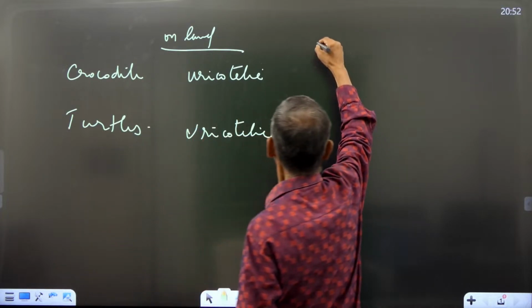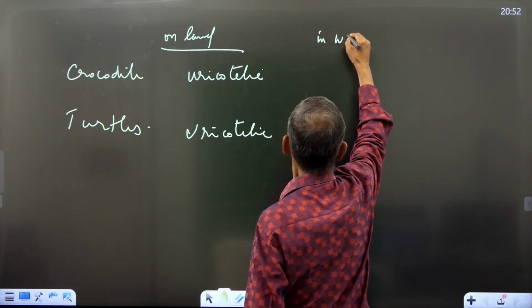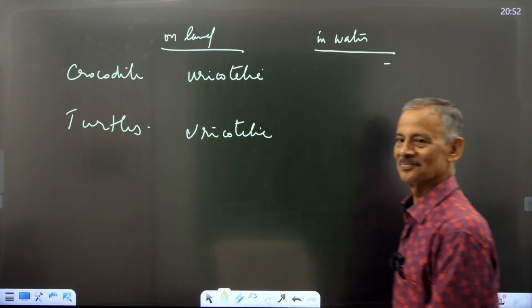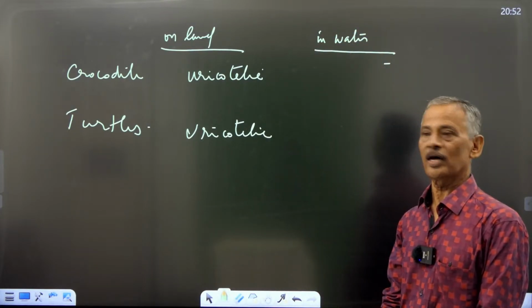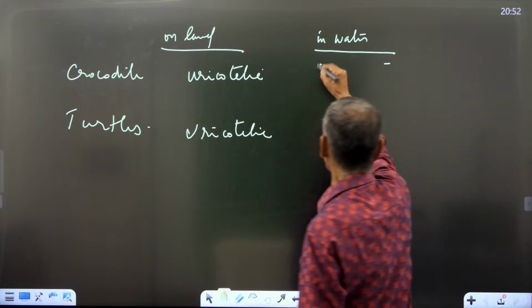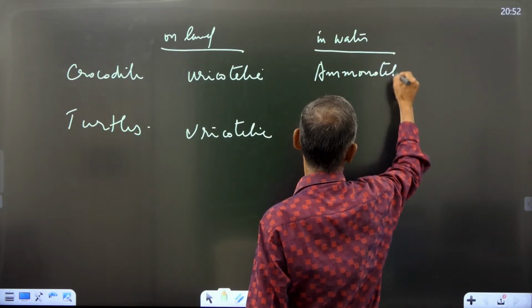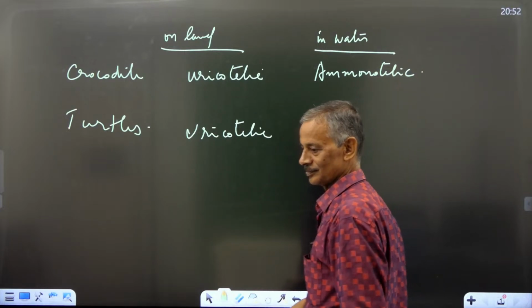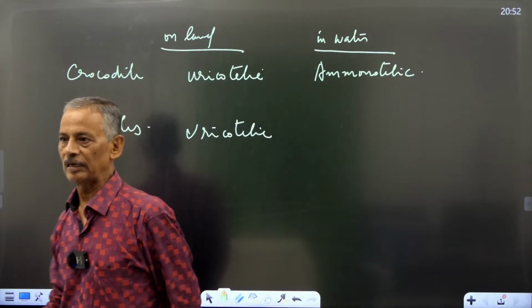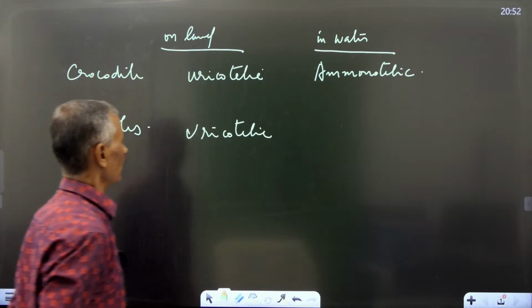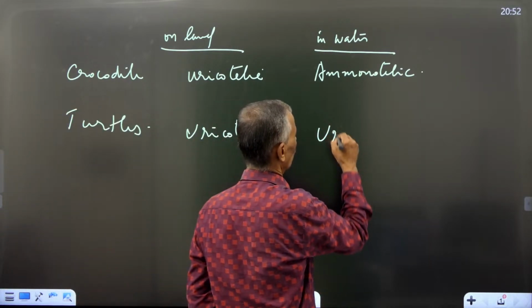But while in water, crocodile is ammonotelic, whereas turtles are ureotelic.